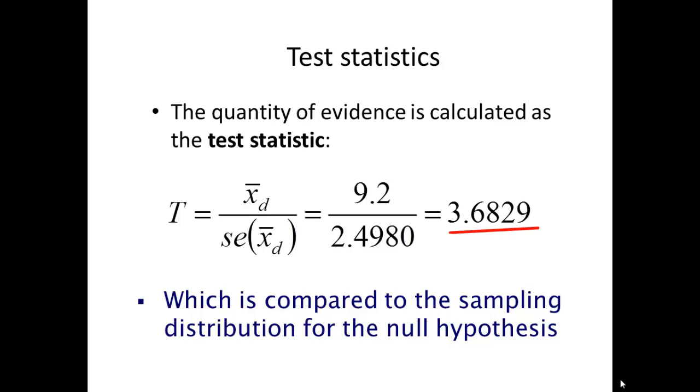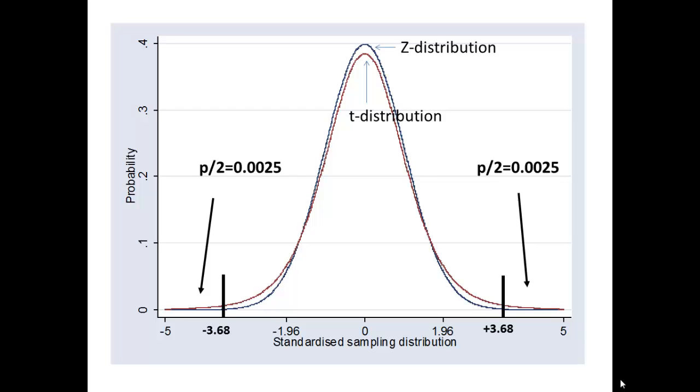Now the key difference between using a normal distribution and a t distribution is that we now use the t distribution to calculate the p-value rather than the Z distribution. And we can see that the probability of obtaining a t-statistic lower than minus 3.68 is 0.0025, which is half of our p-value for a two-sided test.